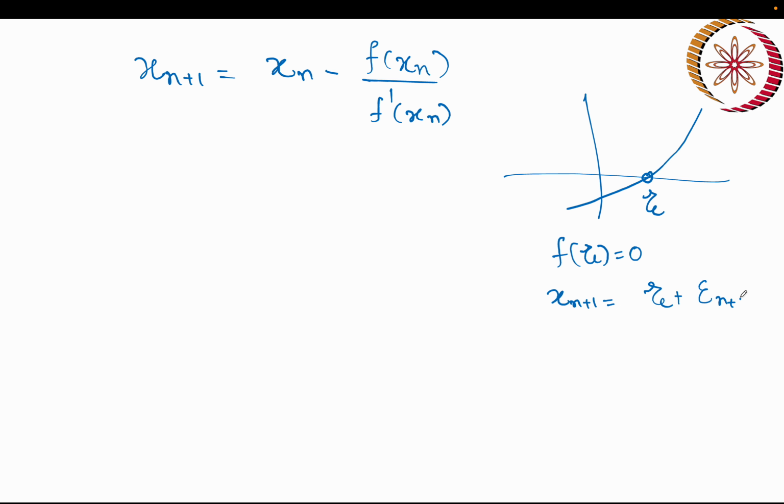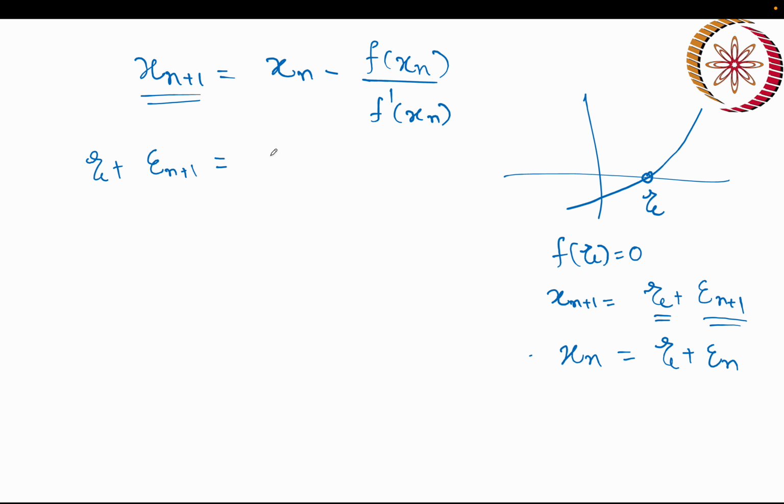We are expecting the root to be xi, but there is an error at the nth iteration, so at the nth iteration it will be xi plus epsilon n.